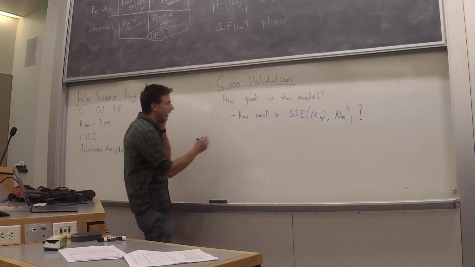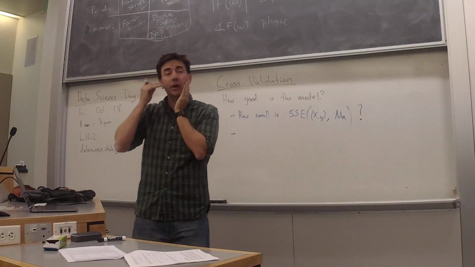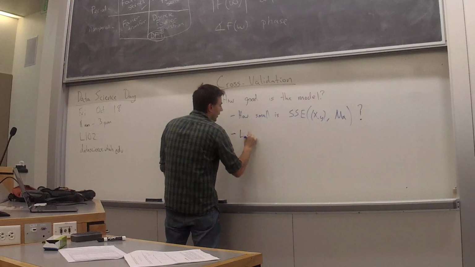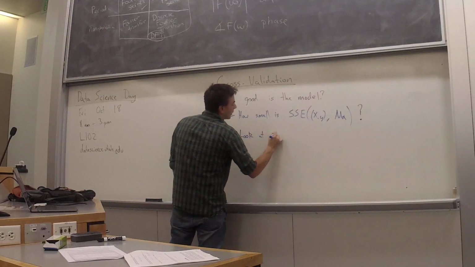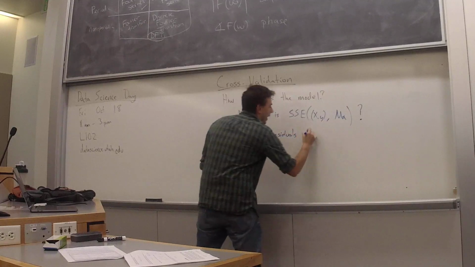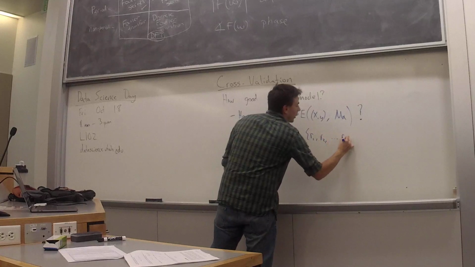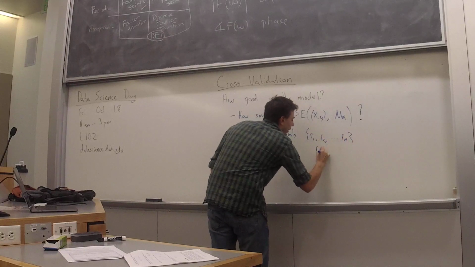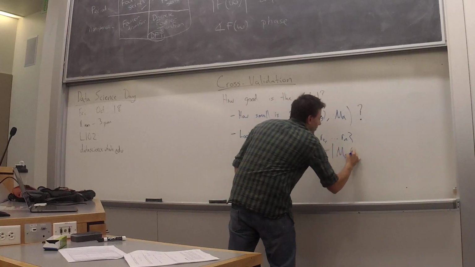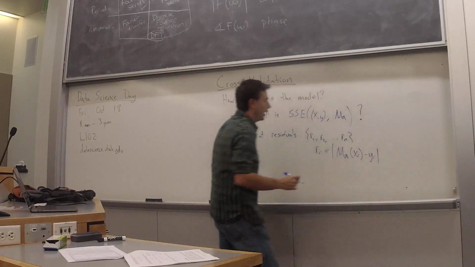If you're going from the statistical point of view, I can look at the residuals, right? So I have this set R1, R2, up to Rn, where Ri is equal to the absolute value of the model of xi minus yi, right?